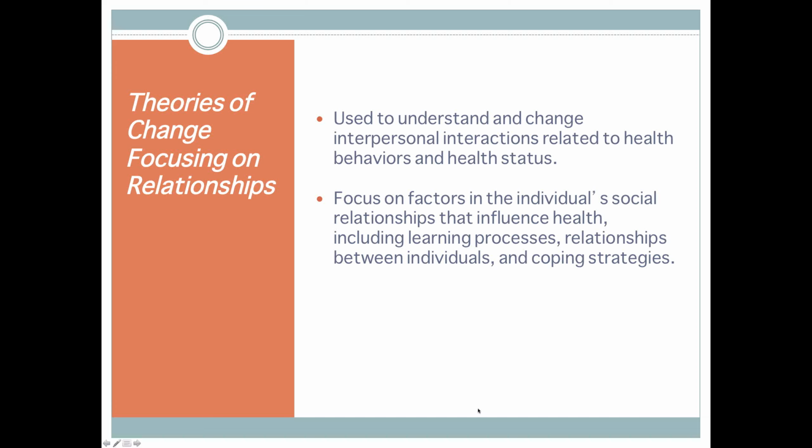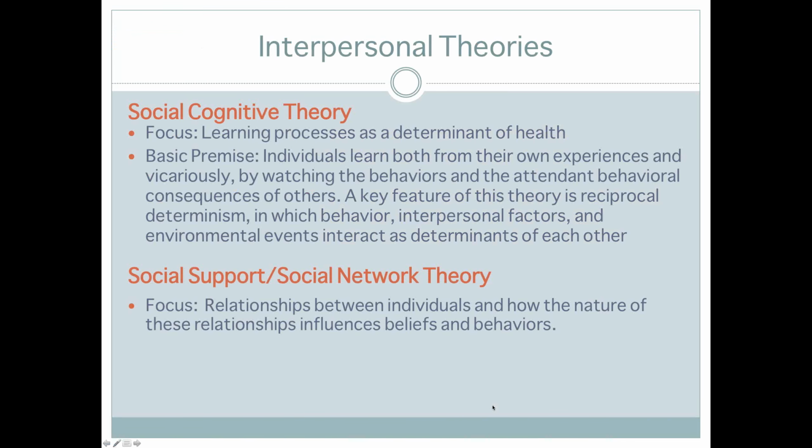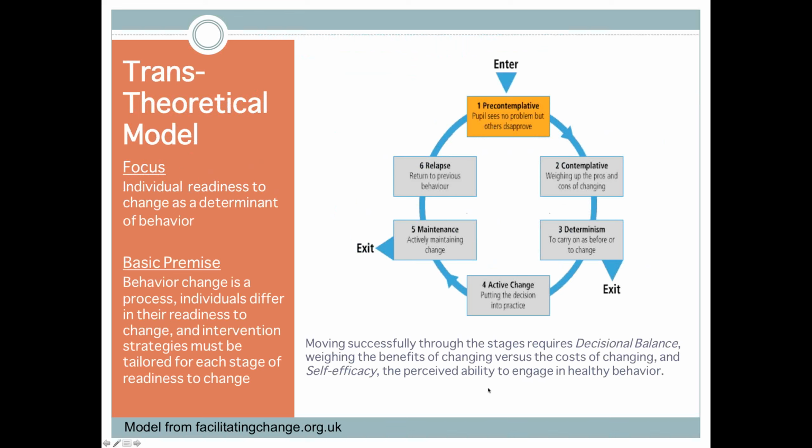Okay, there was a question about decisional balance, so let me go back to, sorry. In the trans-theoretical model, one of the things that is part of the model is that to move successfully from one stage to another requires both decisional balance and self-efficacy.